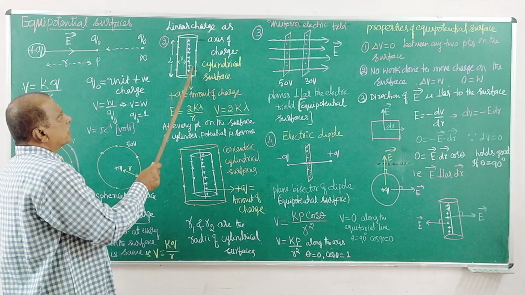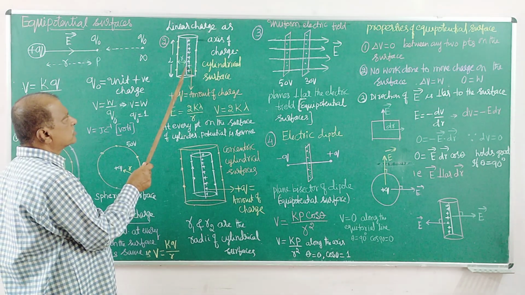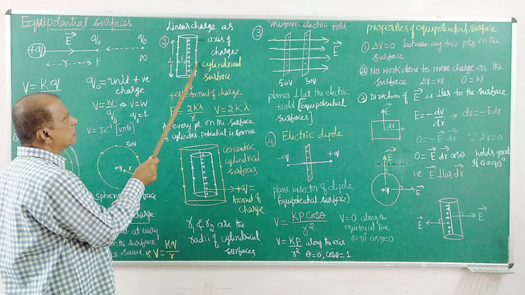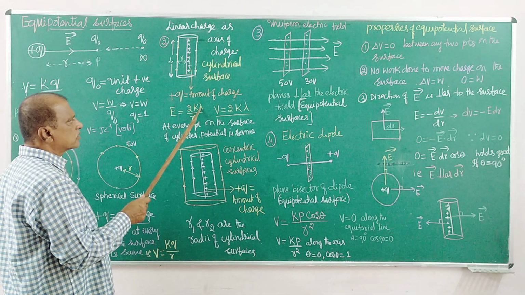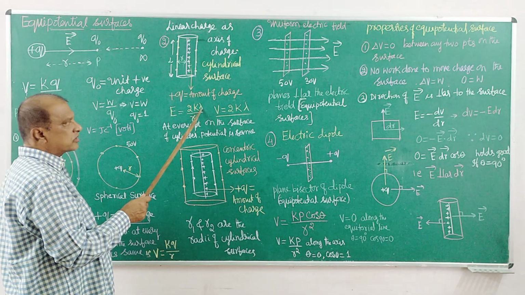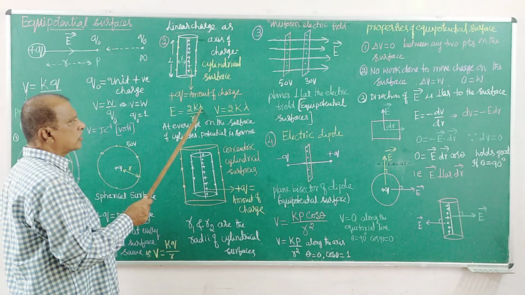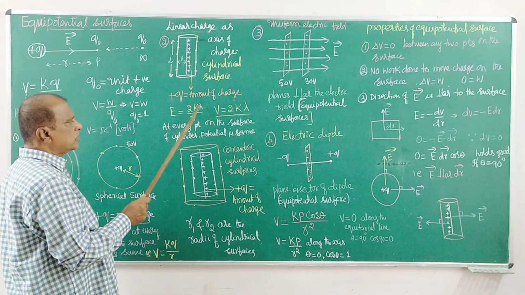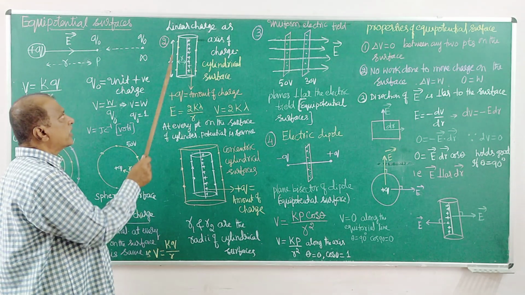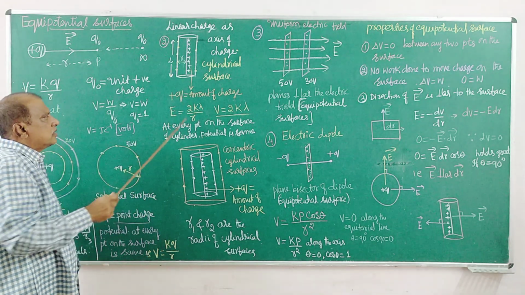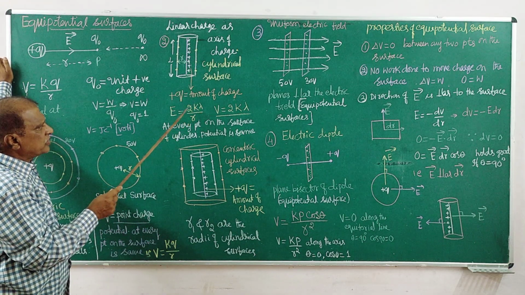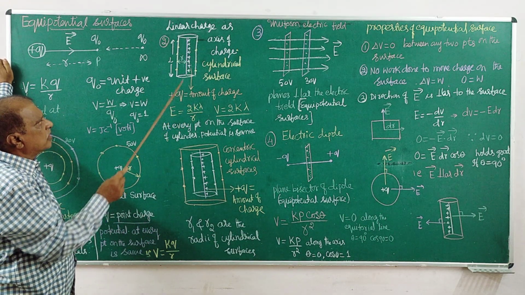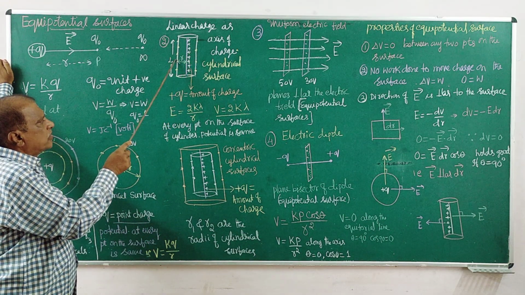The radius of the cylinder, the distance of any point on the surface from this line. Lambda is the linear charge density. Linear charge density is the amount of charge q divided by the total length of the charge. So that is the definition of the field on the surface of the cylinder.